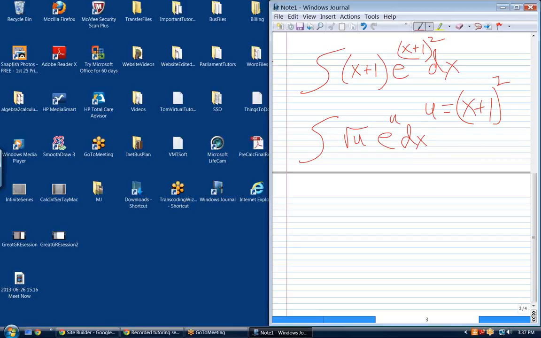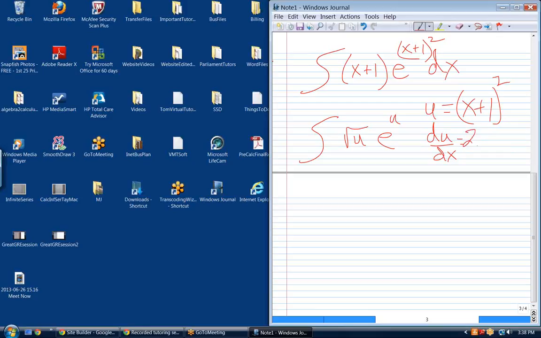So I have to solve for du. I have to do the differential equation to solve for du. So let's go to this. du/dx would be equal to what? How do you take the derivative of that? 2 times x plus 1 to the first power.